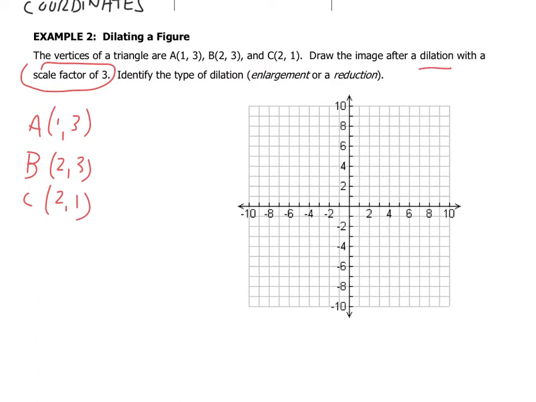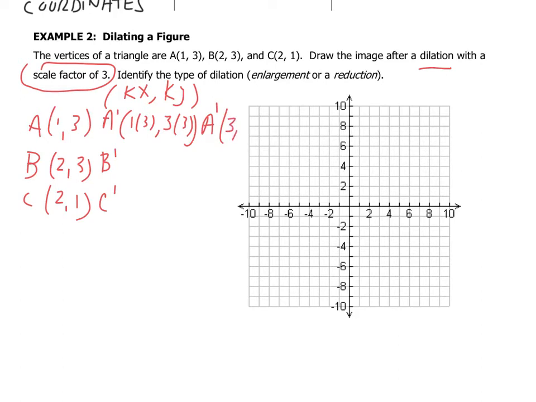With the scale factor, remember, my new image points, A prime, B prime, and C prime, are k times the x, k times the y. So A prime is going to be 1 times 3, and 3 times 3, which means A prime is going to be at 3, 9.